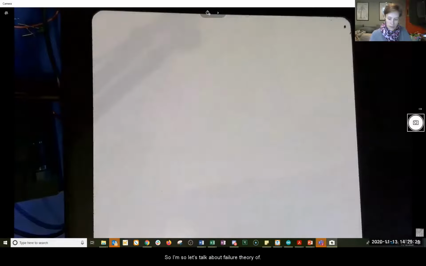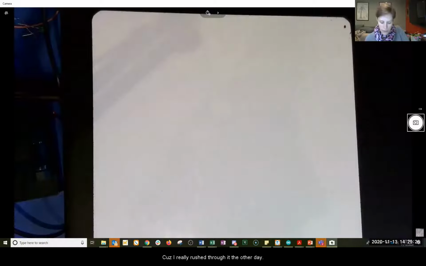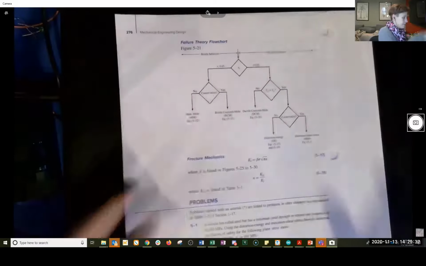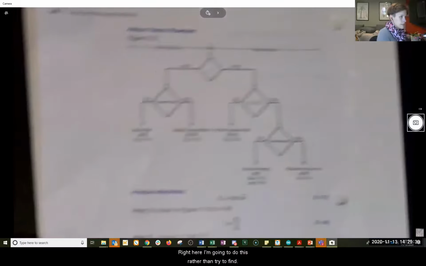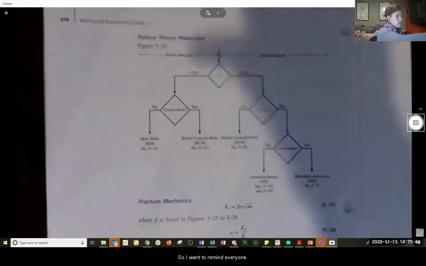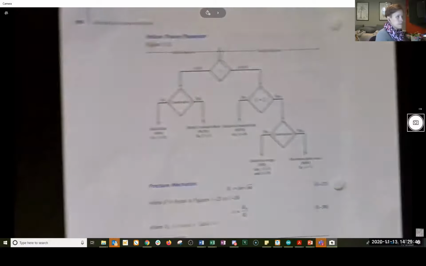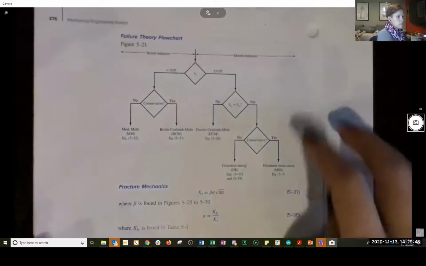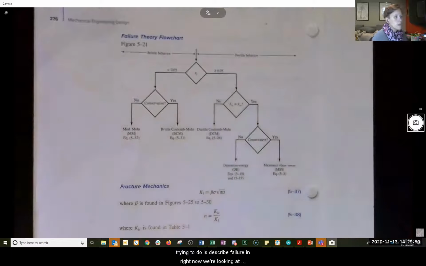Okay, so let's talk about failure theory a bit, because I really rushed through it the other day. And so I'm just going to remind us where we're at in the theory. And since this is right here, I'm going to do this rather than try to find slides. So I want to remind everyone that what we're trying to do is describe failure.